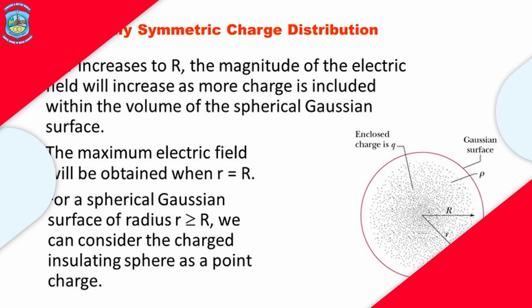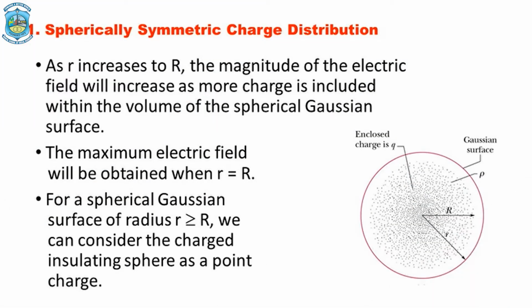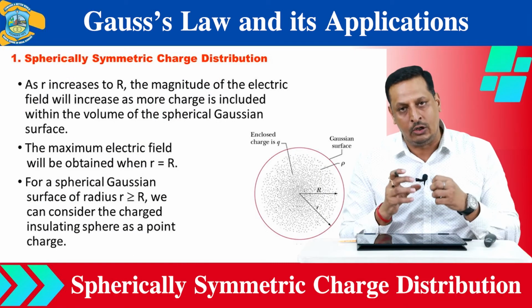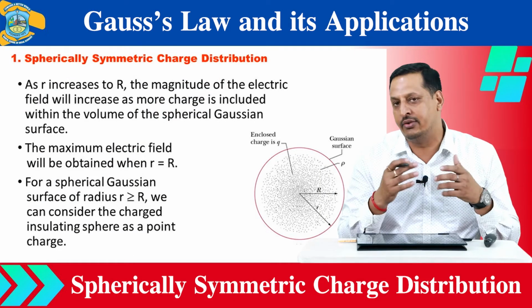Here in the figure you can see the charges increase within the Gaussian surface. As we move from the center of this Gaussian surface towards the surface, the amount of charge enclosed by the Gaussian surface is increasing.